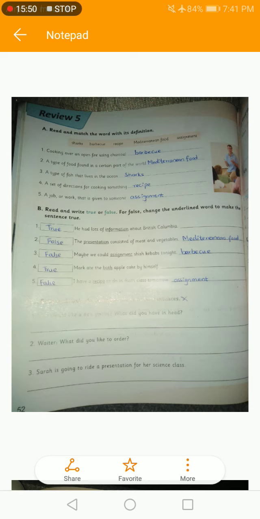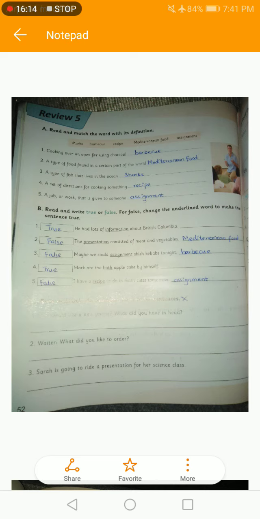This is barbecue. Barbecue means you are cooking over an open fire using charcoal. Okay, the second, a type of food found in a certain part of the world. So Mediterranean foods are those type of food which are found in a certain part of the world. Then third one, a type of fish that lives in the ocean. It is shark.